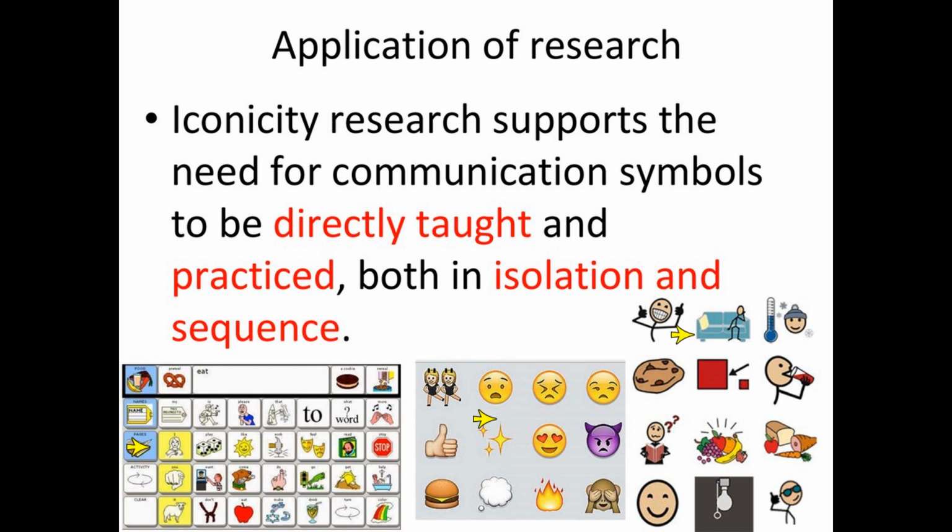And then I want to say there are digital pictures. That is much more iconic. It is easier to understand digital pictures. But there are some students who are successful with objects, but not with digital pictures.